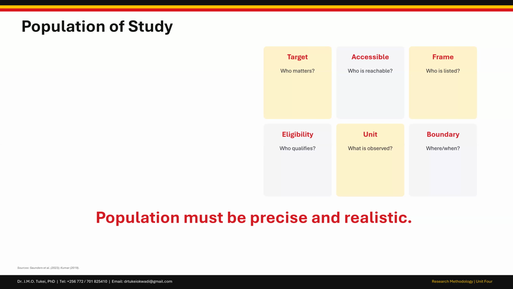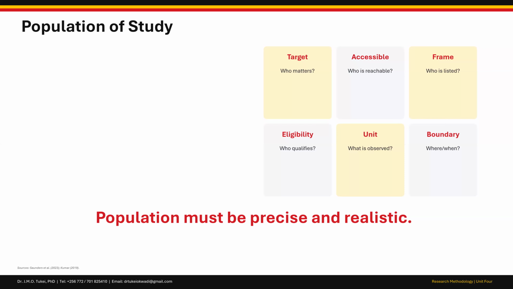When you talk about the target population, who matters? Accessible population, who is reachable? And all of these are very key for us to be able to understand. But if you don't, then you are going to have a lot of issues. When you talk about a sampling frame, the question is, who is listed? It's very important for us to be able to understand.